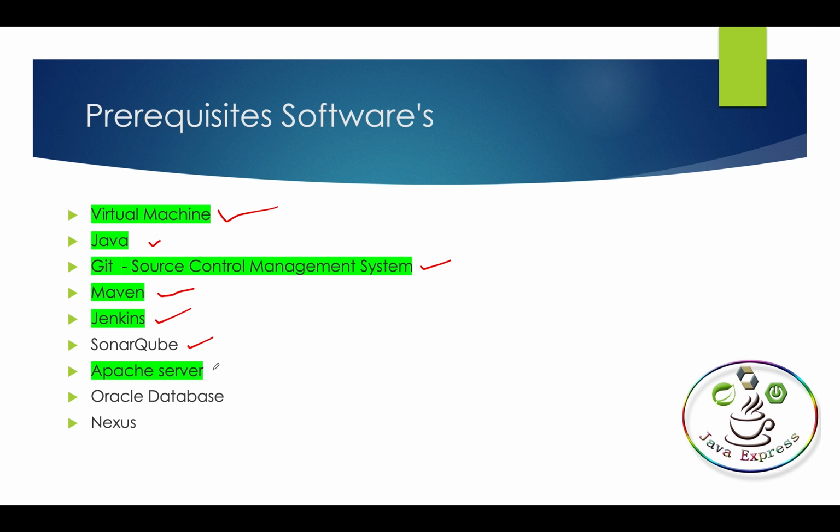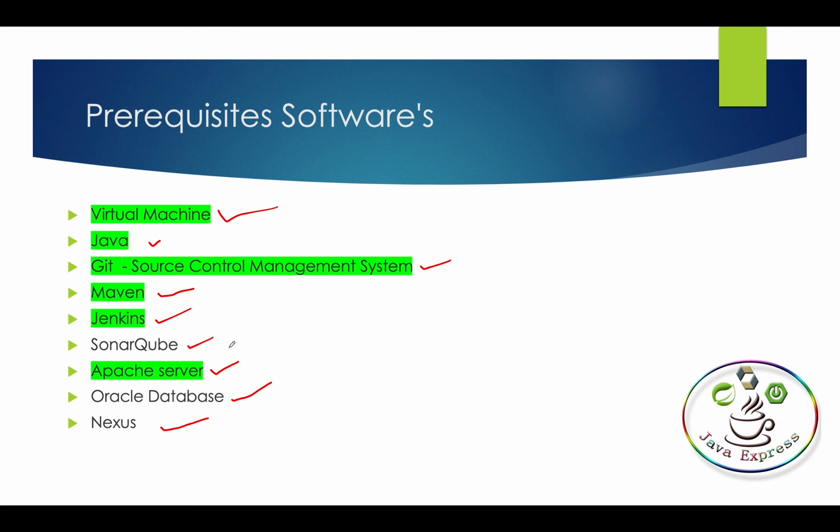To deploy any application, we need an Apache server. And if your application is interacting with a backend, we need an Oracle database. Now all these software are required.